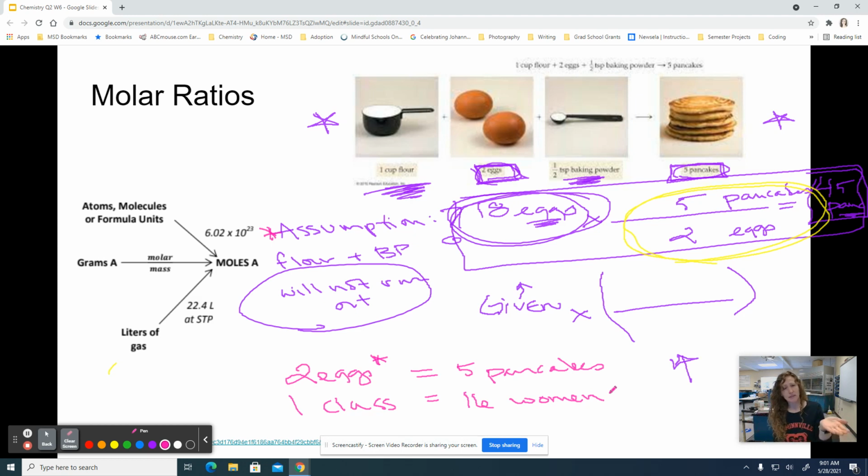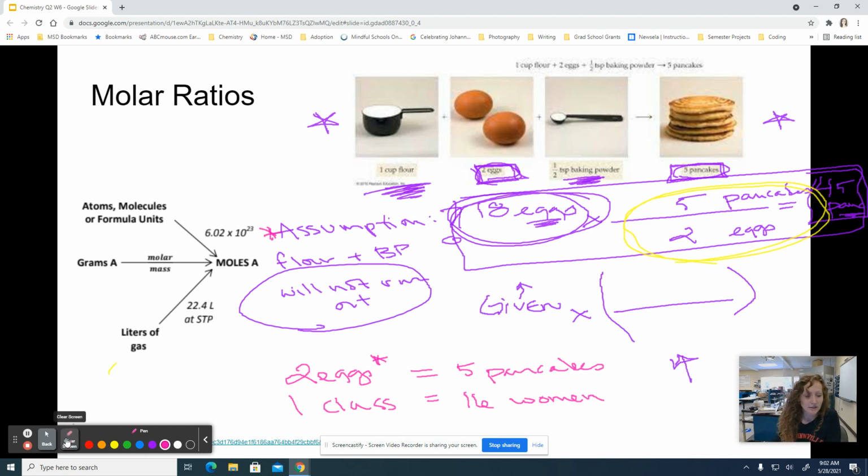Now, if I hold one class in my hand and I hold 16 women in my hand, are those 2 things equal? No, but they are equivalent, right? If I'm talking about those 16 women, then I'm talking about my class. If I'm talking about those 16 women and the men involved in my class, I am describing one class. So those 2 things are equivalent and they can be used as a conversion factor.